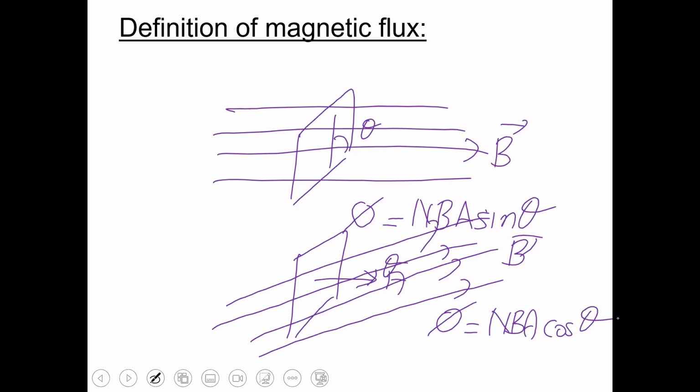If you draw an arrow on the surface and you take the angle with that arrow, you will use cos. Otherwise, if you take the angle with the surface of the sheet, then you will apply sine theta. For example, this door, is it perpendicular to the floor? This door is perpendicular to the floor. I'm taking the angle between the vertical surface and the floor.